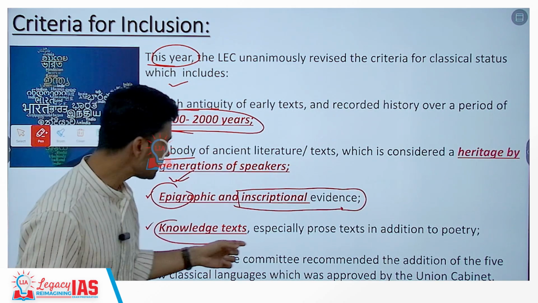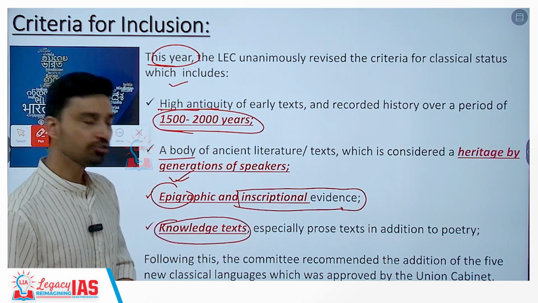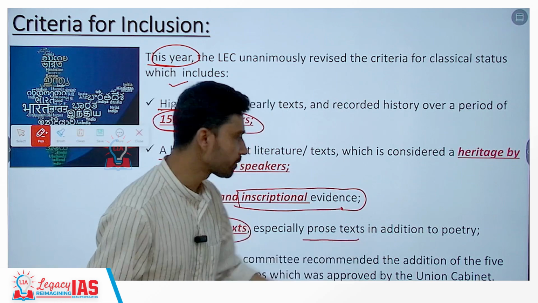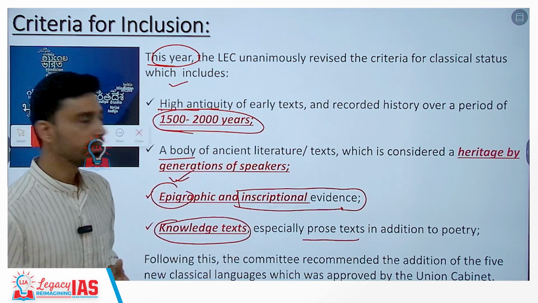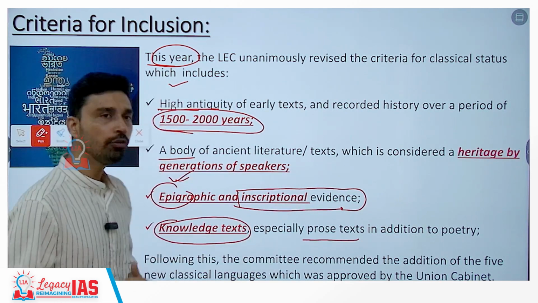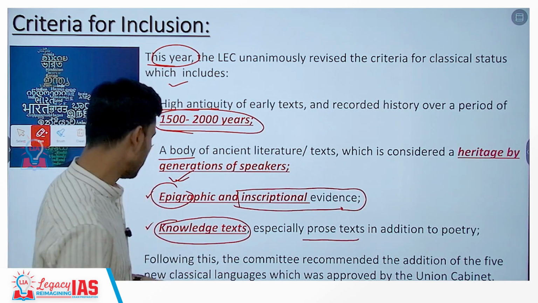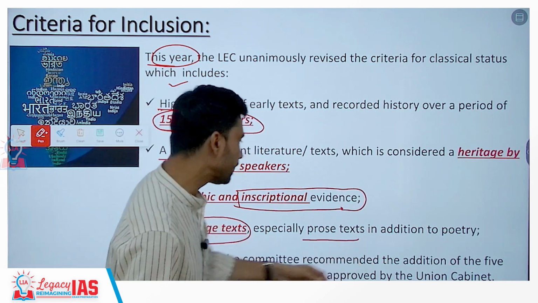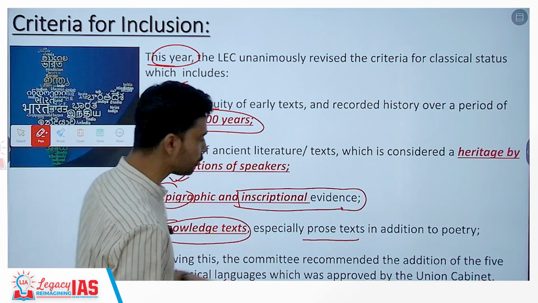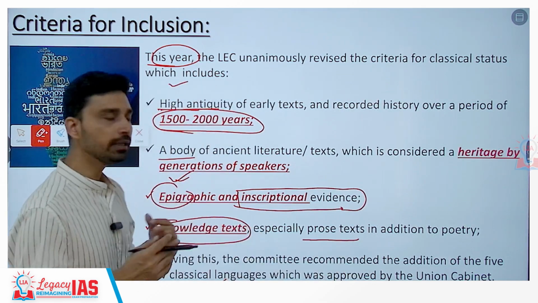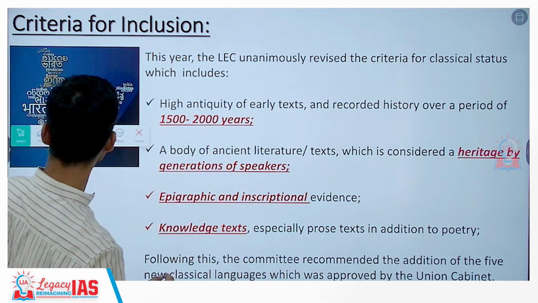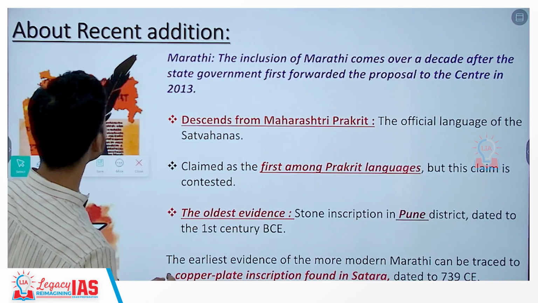Then last, the language should have knowledge texts, especially prose texts in addition to poetry. So, if all of these criteria are fulfilled, then a language can be considered for inclusion in the classical language list. Now, following this, the committee recommended the addition of the 5 new classical languages, which was approved by the Union Cabinet. Now, let us look at each of these languages one by one.